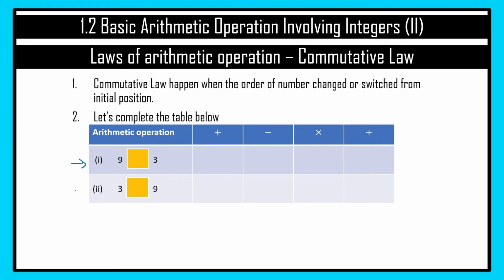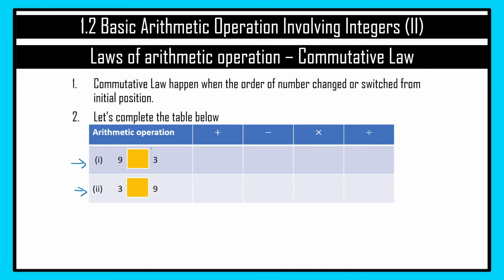The second one that you see now is switched position. Now 3 has become the front and 9 is at the back. This is what we mean by switching from the initial position.